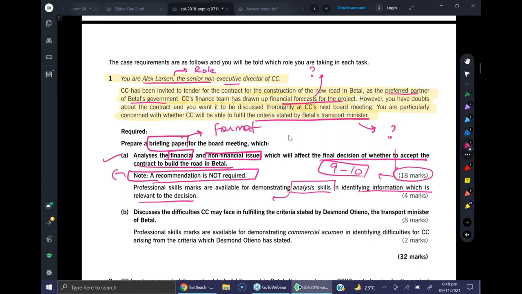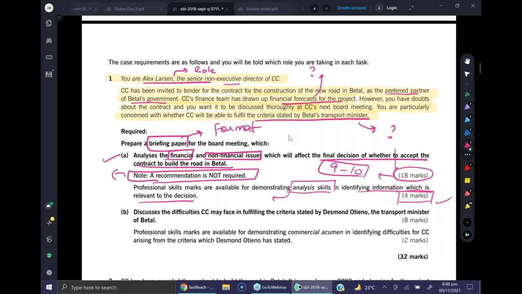I will be keeping a balance of financial, non-financial issues. I might be doing some extra calculations, very quick ones. So when I do all of this, and when I explain my answers with reasons, and when I follow my format, I get analysis skills marks. And you cannot undermine the importance of these 4 marks. If you do professional skills right, that can define your passing or failing the exam actually, right?